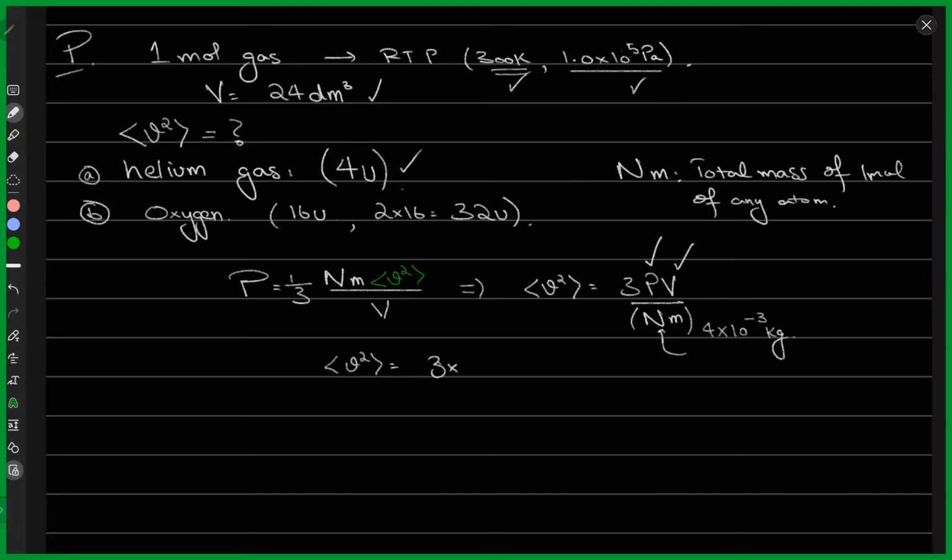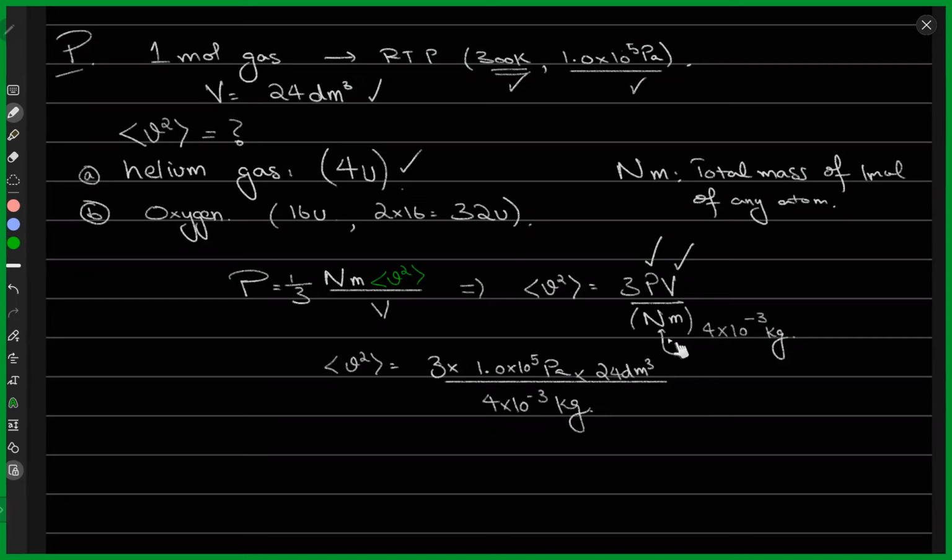3 times pressure, which is given as 1.0 into 10 raised to power 5 pascals, times volume, which is given as 24 decimeter cube, divided by Nm, which is 4 into 10 raised to power minus 3 kilograms.